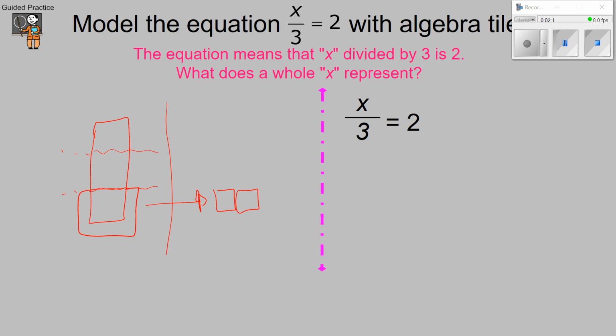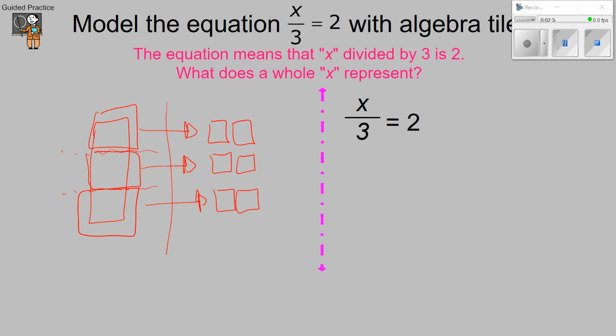So we cut our x into 3 parts, since 3 is the denominator, obviously. Now, that means that this 1/3 of the x is 2. So that means this piece of x is also going to be 2. And that means this piece of x is also going to be 2.